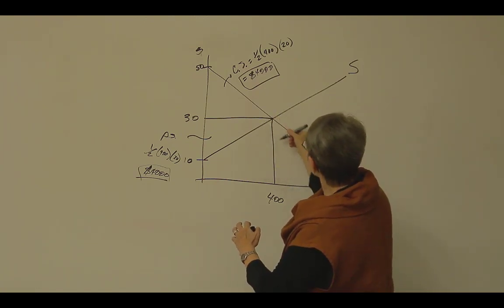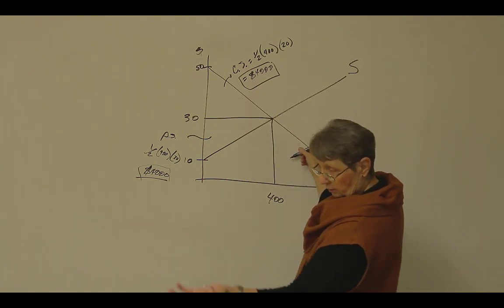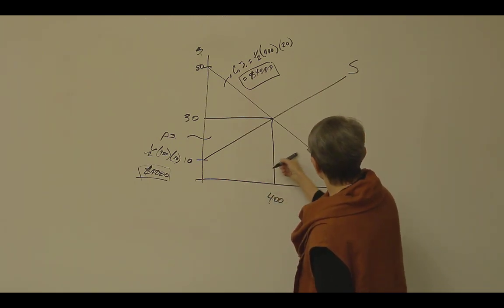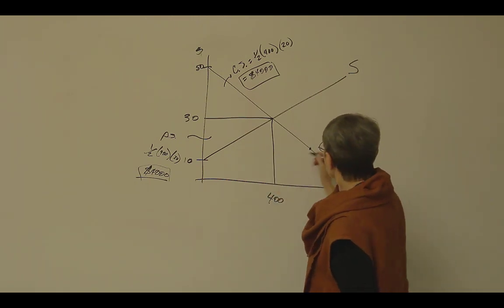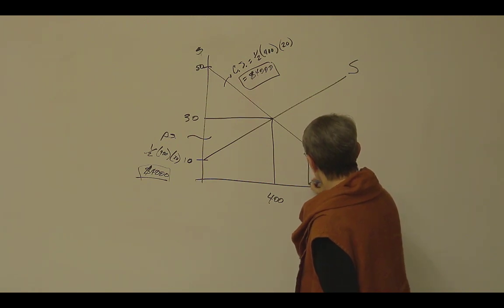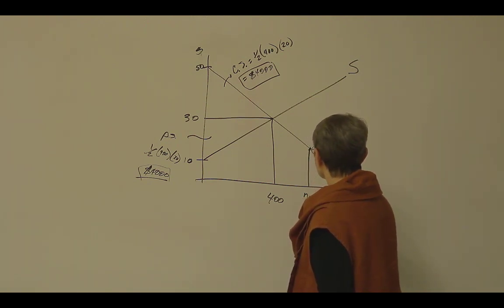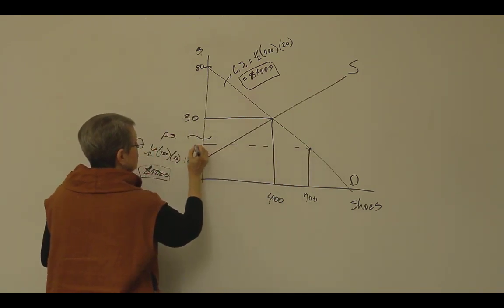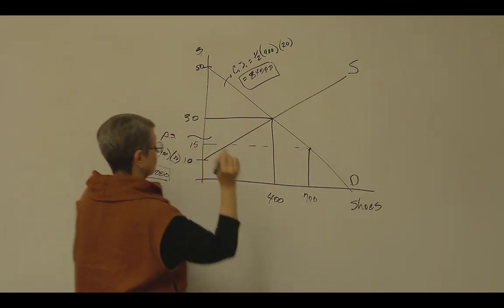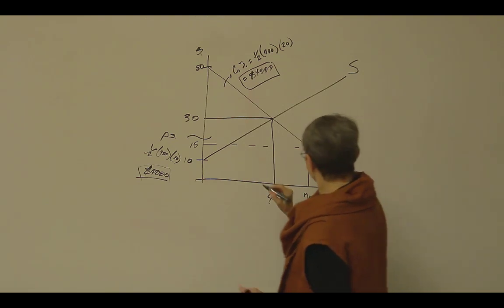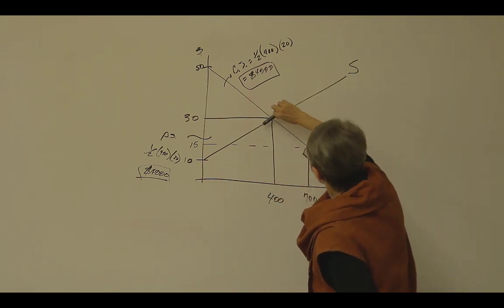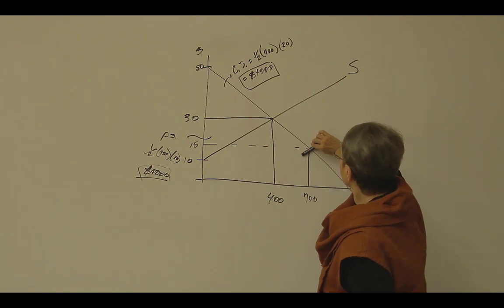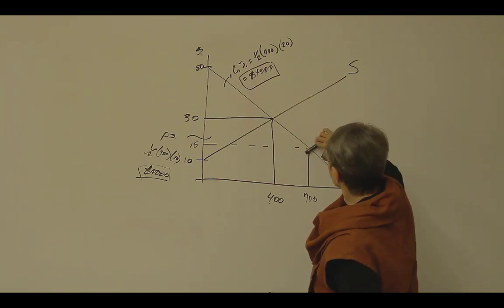But if I just increase the supply, because now we're going to allow foreign imports of shoes, then my new supply curve, let's say, goes through right here. And so that would mean, I'm just going to give this a number. I'm going to say this is 700, and I'm going to say the price is $15. So if we allow foreign imports of shoes into the country, my supply curve will increase.